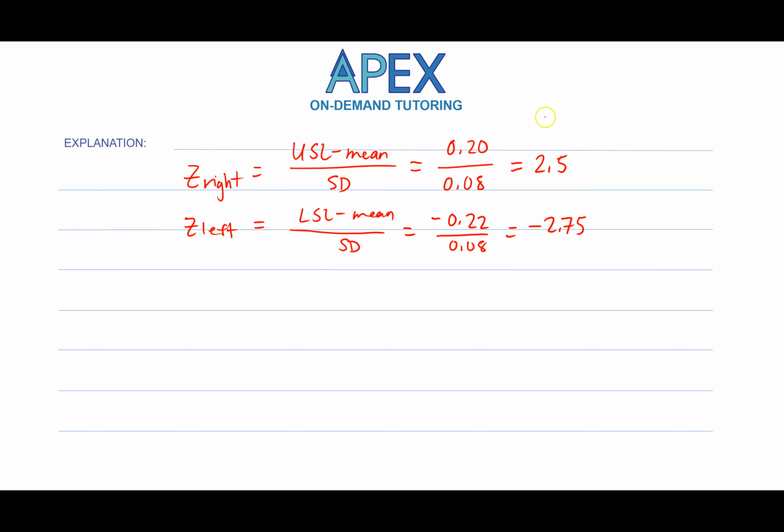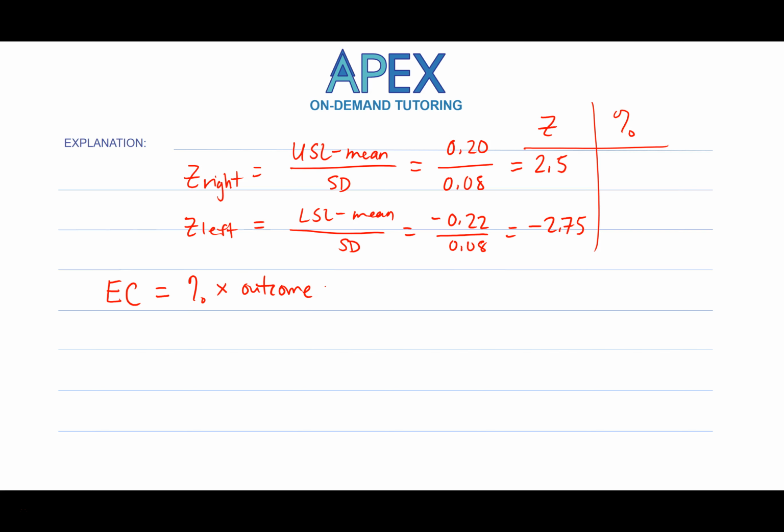Now, what we want to do is take this z-score and convert it into a percentage of the area for this normal distribution. Once we have the percentage, we can find our expected cost as previously by taking our percentage and multiplying it by the cost of the outcome.